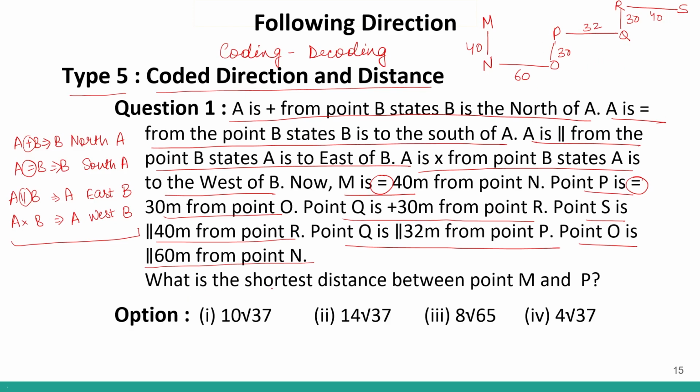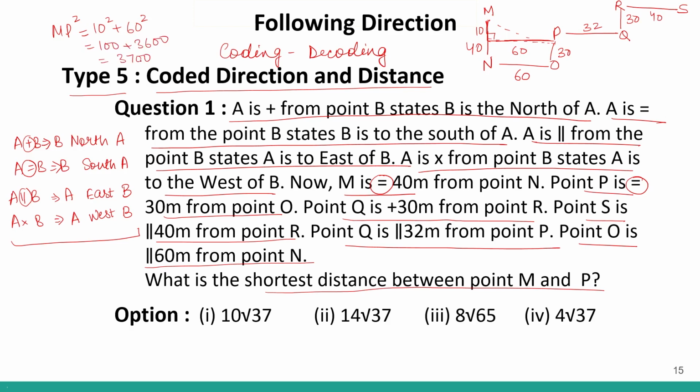So this is my final diagram. Now, the question is we have to find the shortest distance between M and P. So M is over here and P is over here. So on a straight line basis, if I draw a right angle triangle like this, we'll use Pythagoras theorem. So this distance will be 10, and this distance will be 60. So MP square will be 10 square plus 60 square. 10 square is 100, 60 square will be 3600.